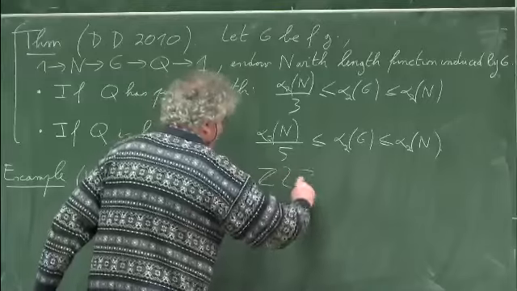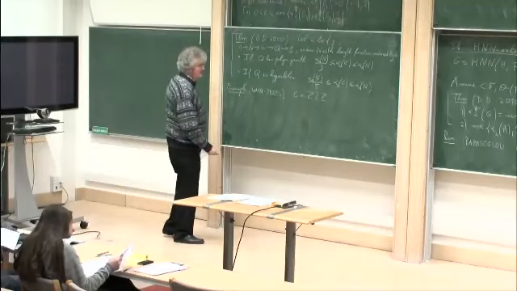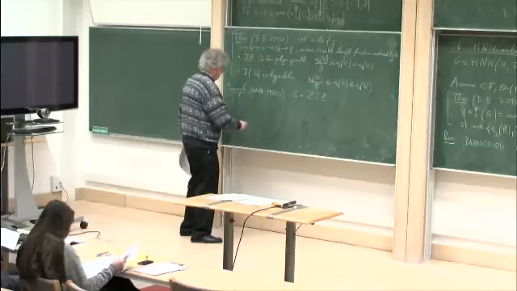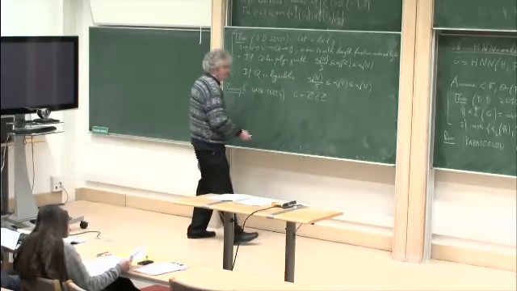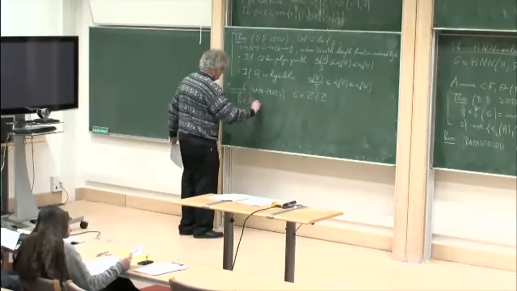They treated the case of the lamplighter group, the wreath product of Z with itself. And of course, there is an obvious map to the integers. So call N the kernel.